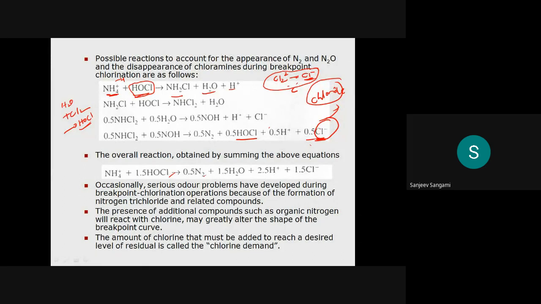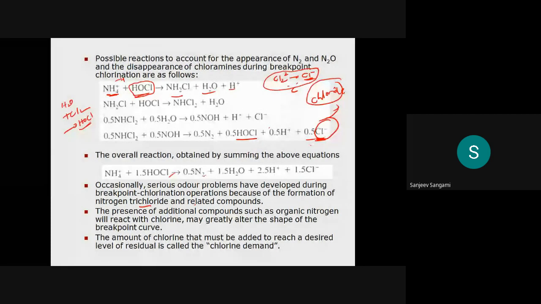Occasionally, serious odor problems have developed during the breakpoint chlorination operation because of the formation of nitrogen trichloride and related compounds. The presence of additional compounds such as organic nitrogen, which will react with the chlorine, may greatly alter the shape of the breakpoint curve.